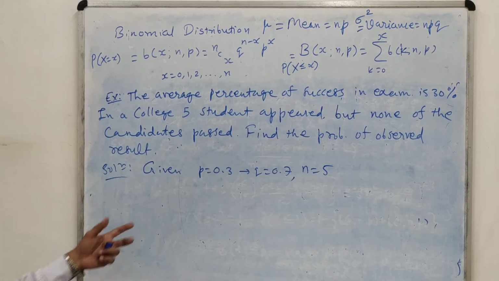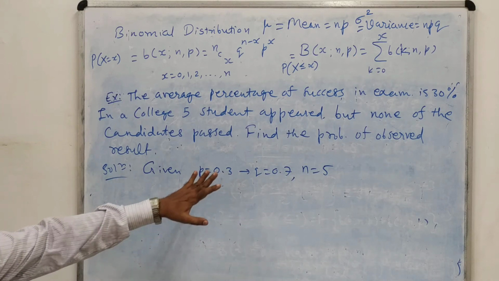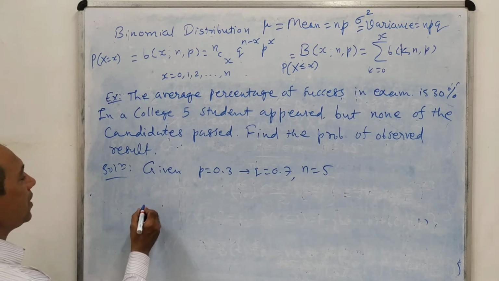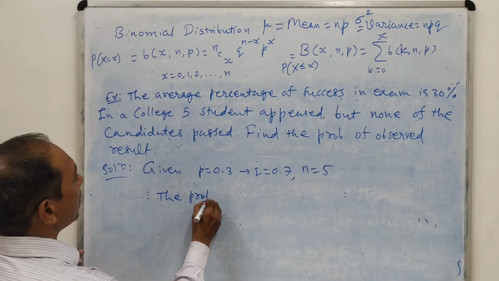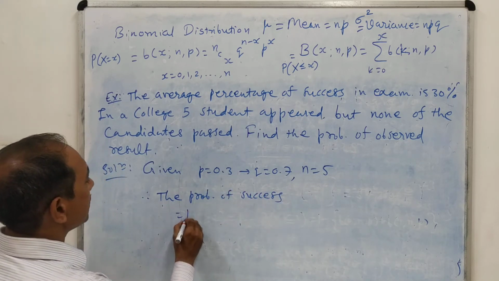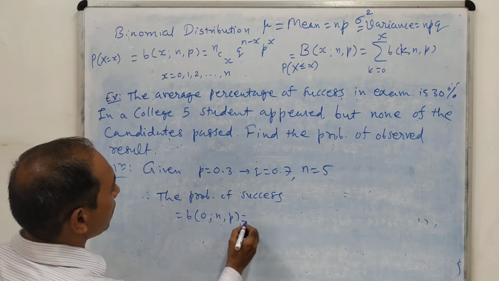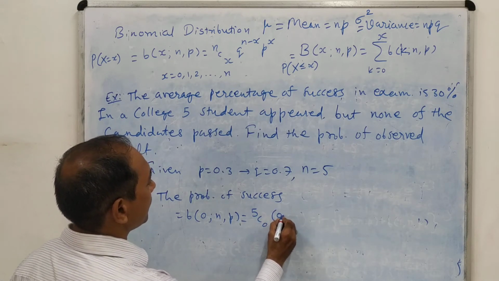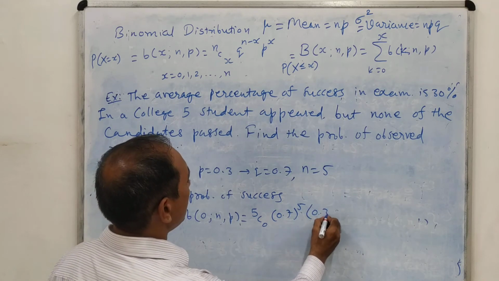So the required data is already available now. We want to find the probability of the observed result. That means we want to find the probability of success. None of them have succeeded. That means here x equal to 0. So x equal to 0, n is 5, and q raised to n minus x means 5 minus 0, and p raised to 0.